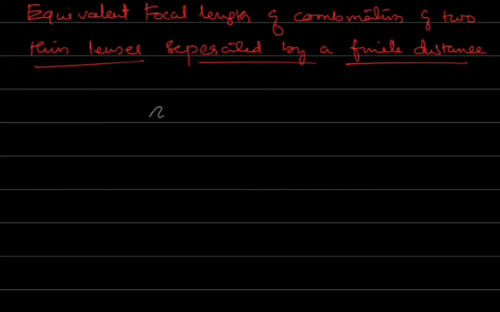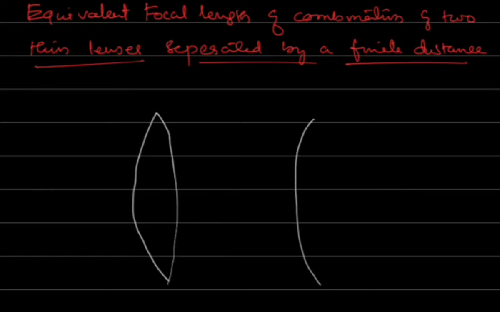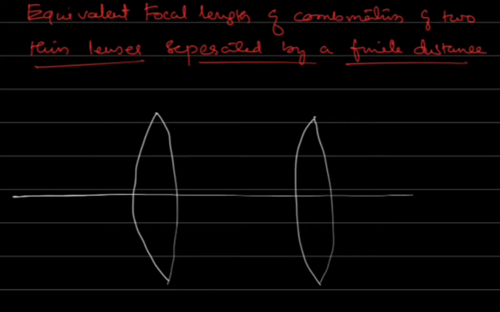Let us take now here two thin lenses. These two thin lenses are separated by a small distance, and the principal axis passes through the center of the two lenses. So now these two lenses are separated by a small, or finite, distance d.